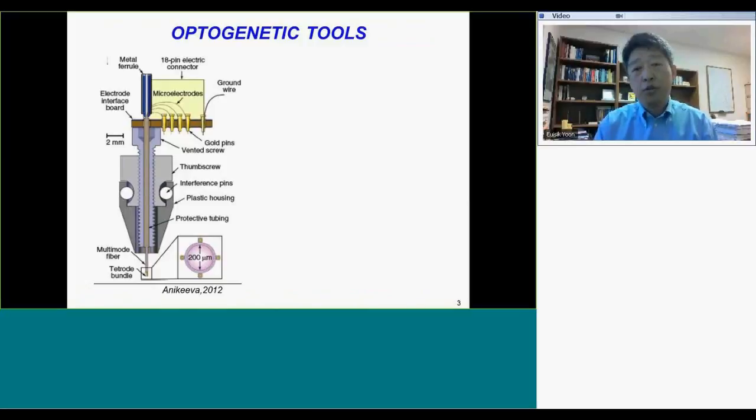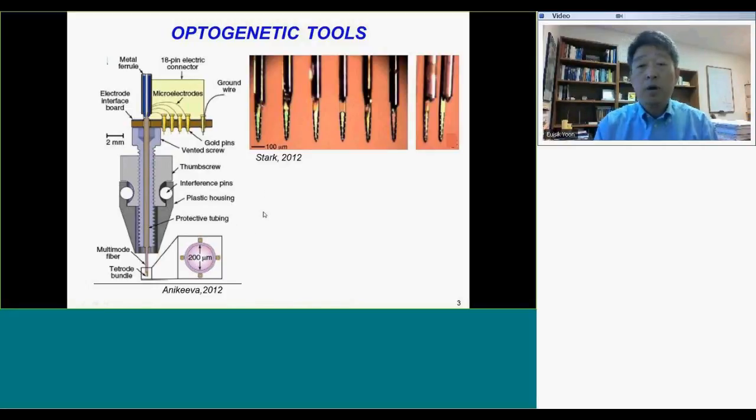So one approach is you can put a tetrode or wire surrounding an optical fiber, putting the 4 recording sites along the optical fiber, but still the optical fiber is large and there is also a limitation on the recording sites. The other approach was done by Stark: gluing a thin optical fiber onto the silicon probe.